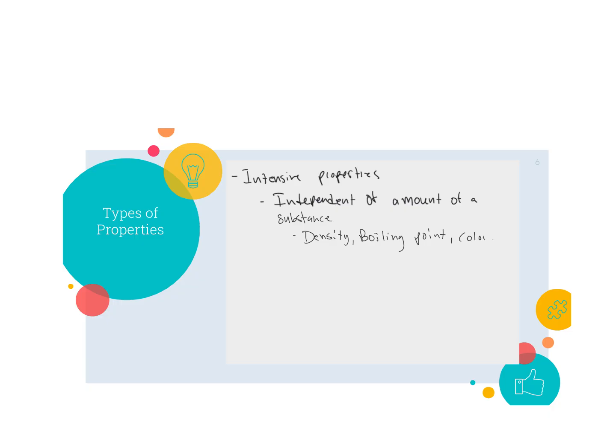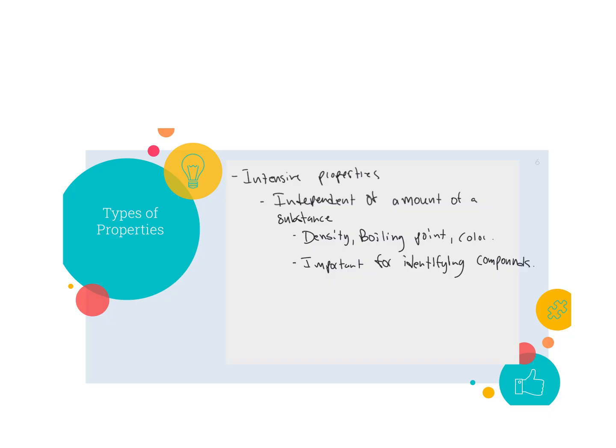If I have 1 gram of CO2 versus 1,000 grams of CO2, its density is always going to be the same. Its boiling point is always going to be the same. And this is important for identifying compounds. If I have a mysterious substance and you tell me its boiling point, I should be able to figure out what that substance is, given the boiling point and maybe other information like color or density.